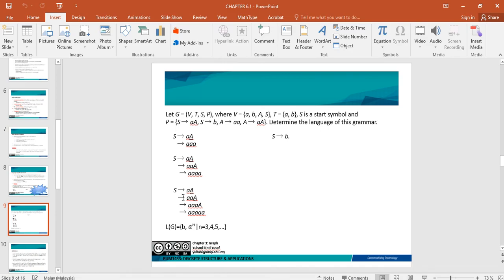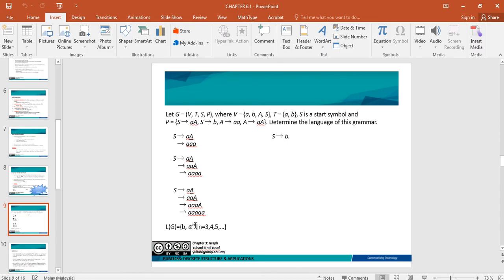And then I do aA, this A again aA, and then this A again I substitute with aA, so I have five a's. Okay, so actually we do this three times to ensure that we got the right pattern. You see that it has 3, 4, 5, meaning a to the power of n.